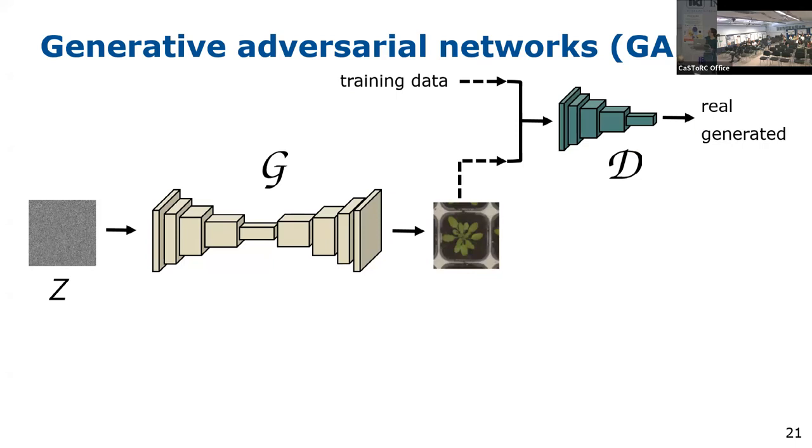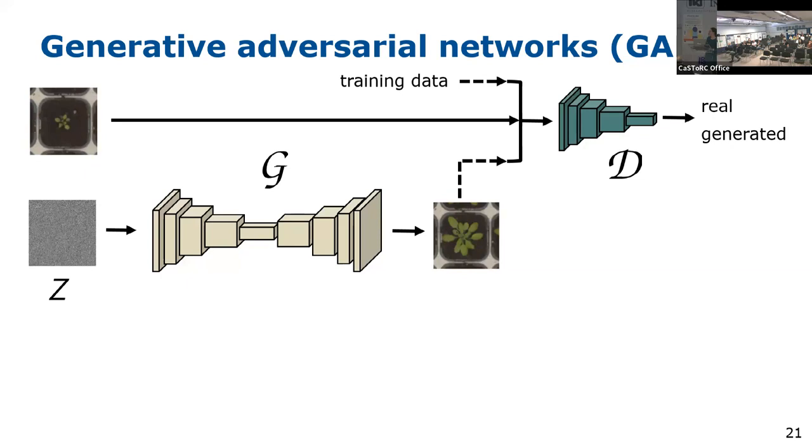Yeah, here's the discriminator part. And in order not to generate an arbitrary image, we want to condition on something. One condition is, for example, a specific plant ID or some previous appearance from an earlier point in time. So we know the future state should actually look like it is from exactly this plant.